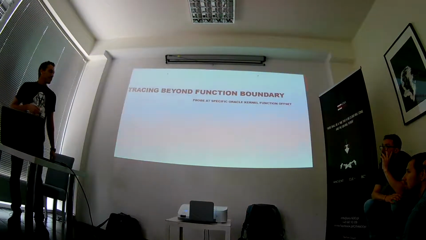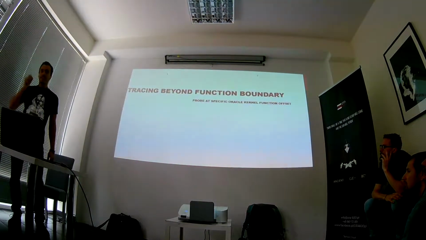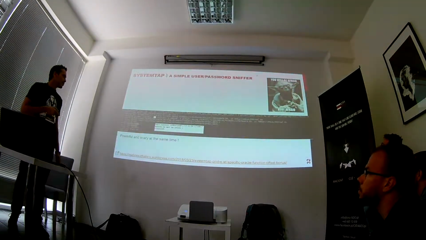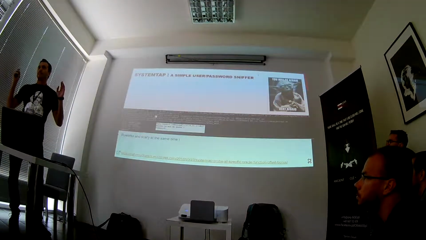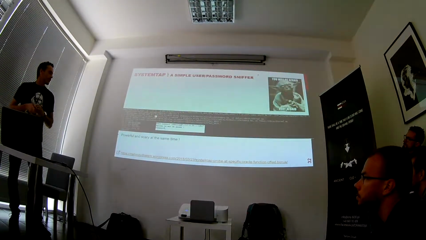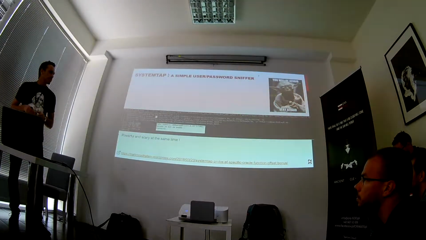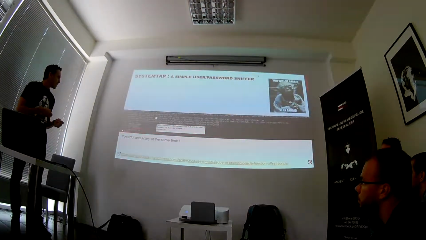For example, by just targeting a specific Oracle function offset, we can display the password of every user trying to connect to our Oracle system, even if the password is encrypted over the network, and even if the password is stored encrypted in the data file. Basically, we can display the clear password.